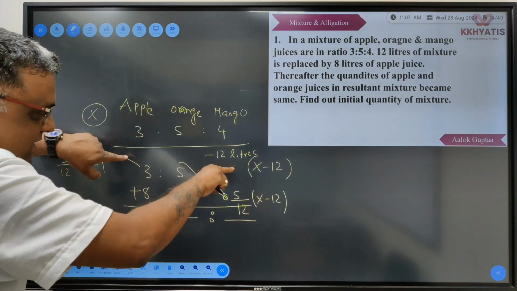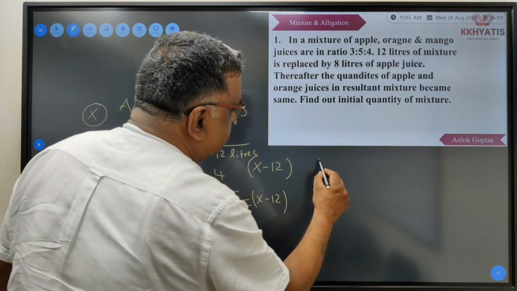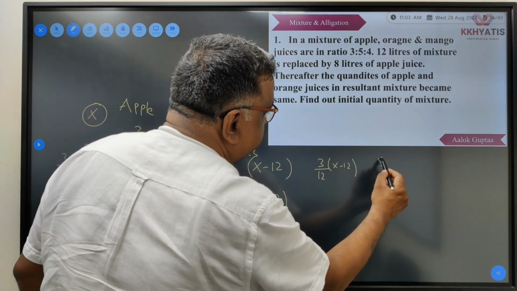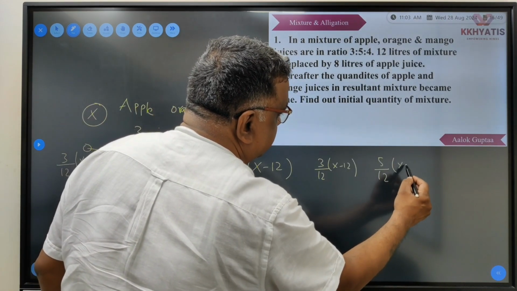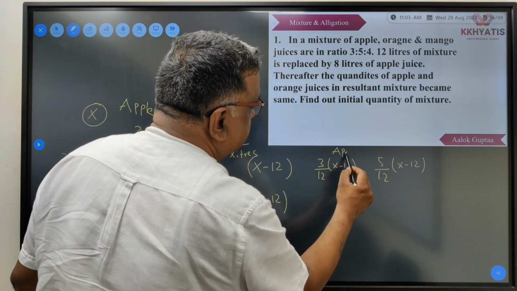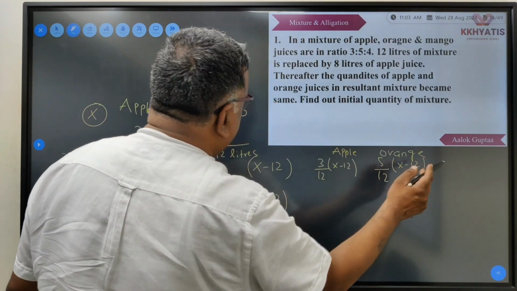So at this stage, the apple is 3/12 of X minus 12 and orange is 5/12 of X minus 12. This is the actual quantity. Apple, orange. Why am I not taking mango as of now?